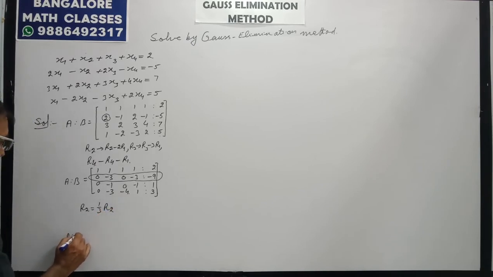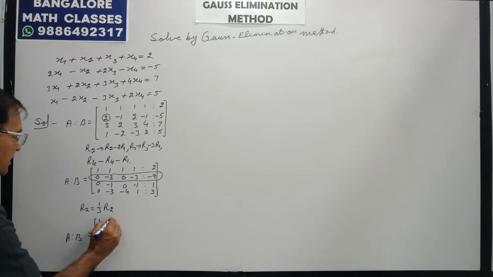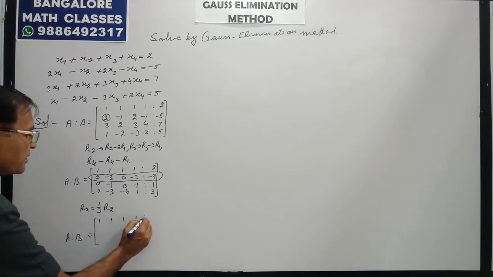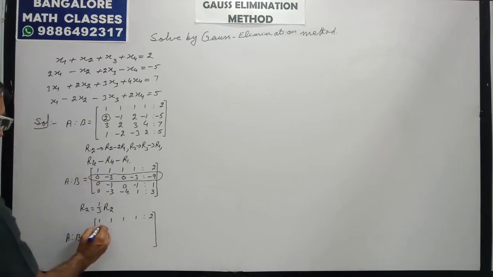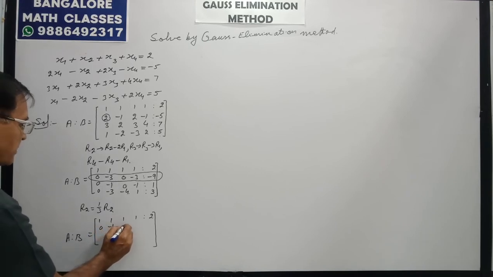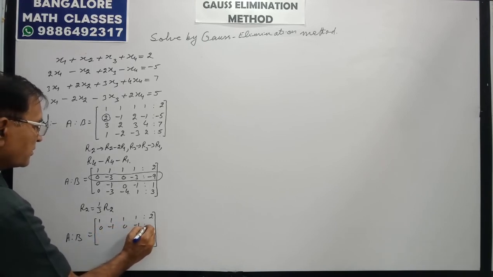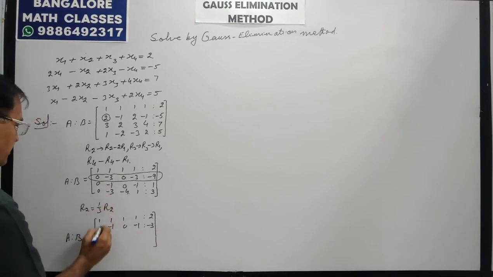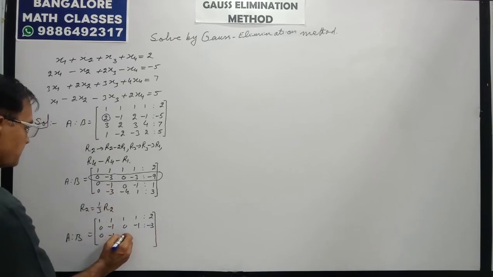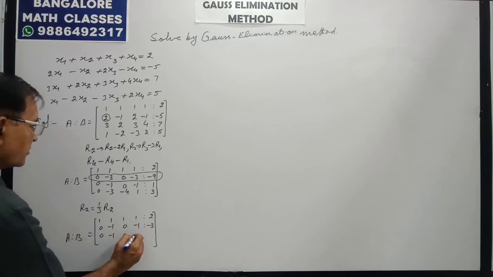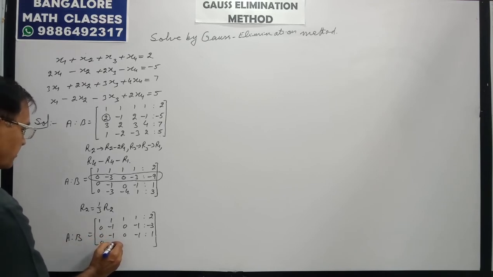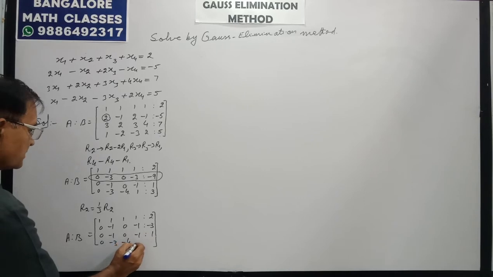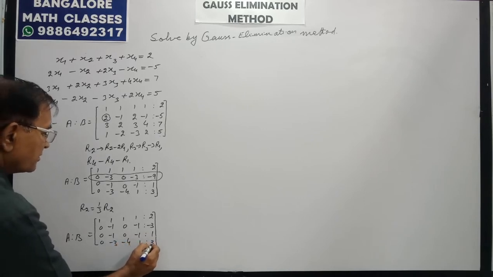So the augmented matrix will come out to be R1 as it is, R2 I want 1/3: 0, minus 1, 0, minus 1, 1, 0, minus 3, minus 4, 1, 3.